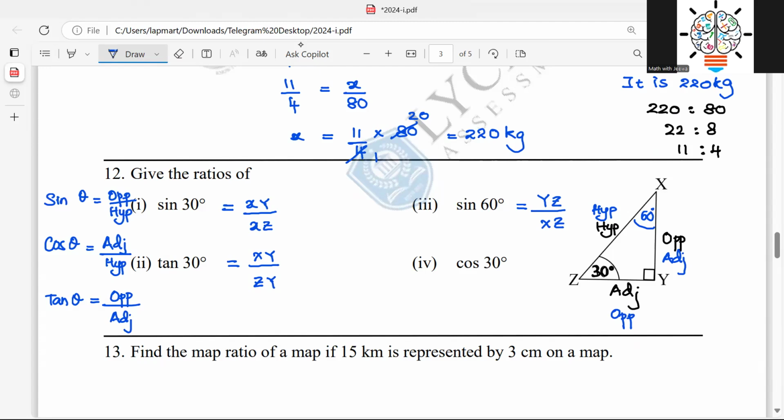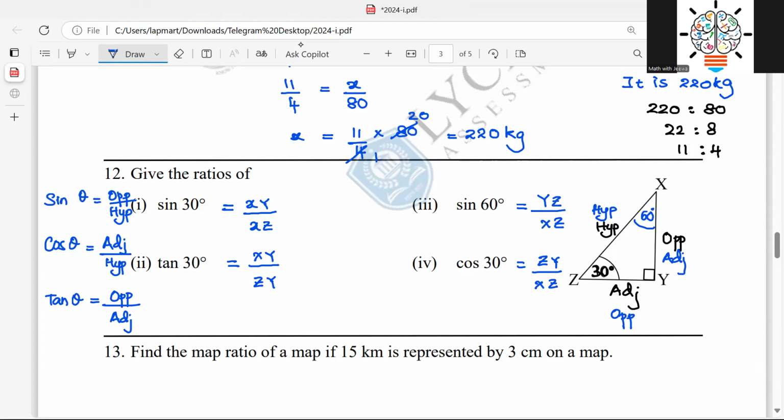cos 30, adjacent CY and XC. So then I double check whether my answers are correct. Sin 30, opposite over hypotenuse, XY over XC, correct.